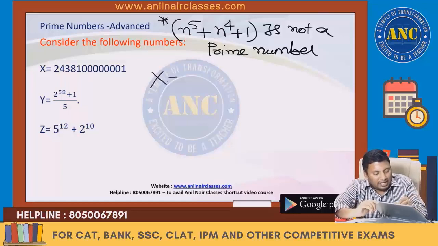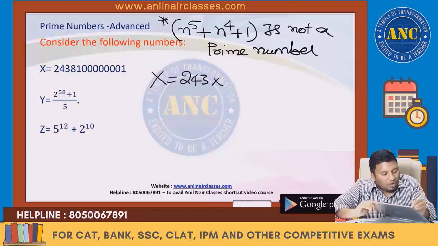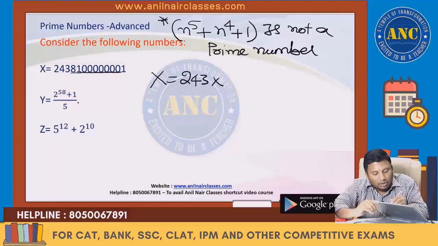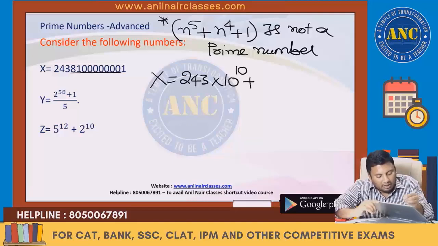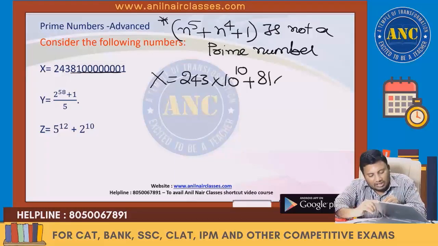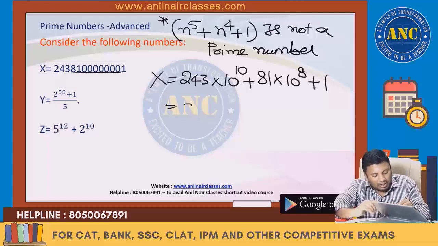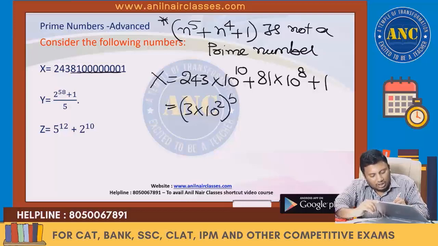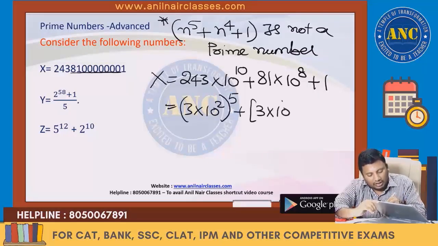If I take x, this is nothing but 243 into, how many digits are there? 2, 4, 6, 8, 10: 243 into 10 power 10. 81 into 10 power 8 plus 1. This is nothing but 3 into (10 square) power 5, which is 3 into (10 square) power 4 plus 1 power 4.